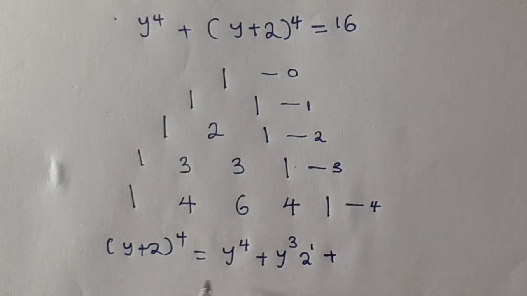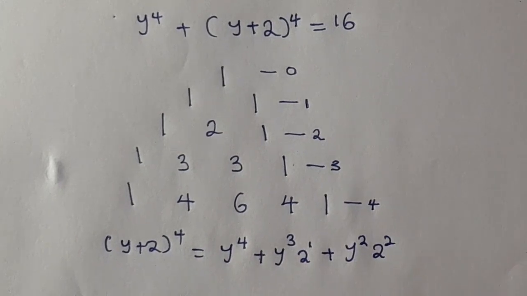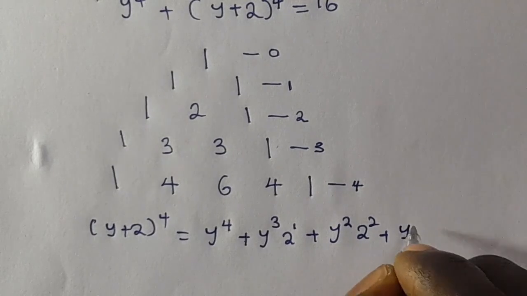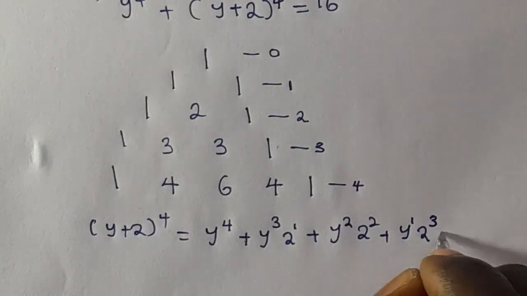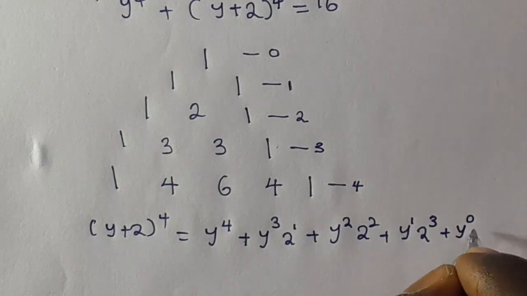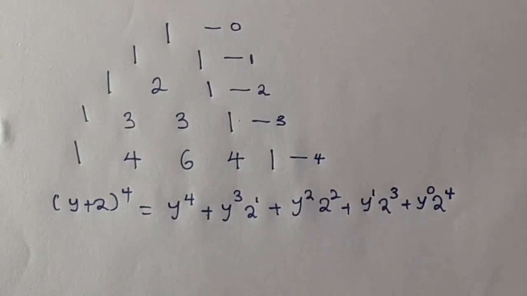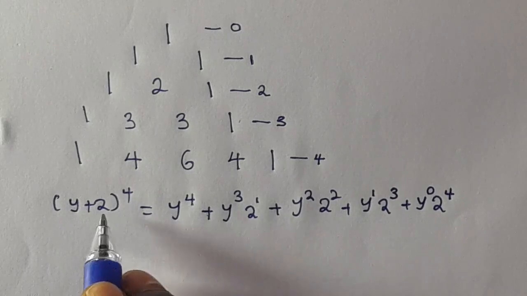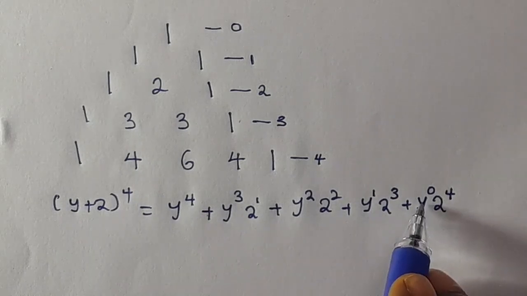Then when you have y^2, we have 2^2. Again, when you have y^1, we have 2^3. When we have y^0, we have 2^4. So the fact is that when the power of y is decreasing, the power of 2 is increasing.